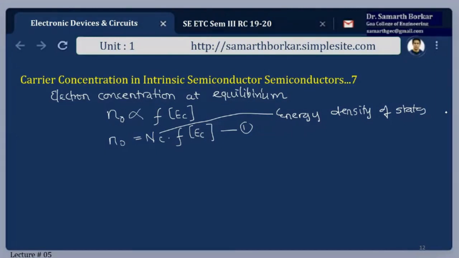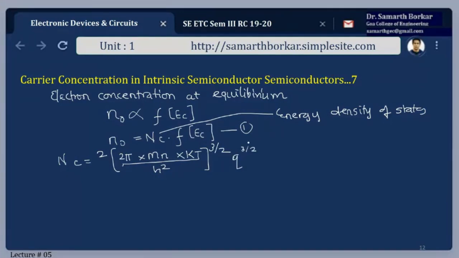Okay. Now this NC is given as 2 pi into the effective mass of electron into kT over h squared, the whole raised to 3 by 2, divided by the square of Planck's constant into Q, 3 by 2.